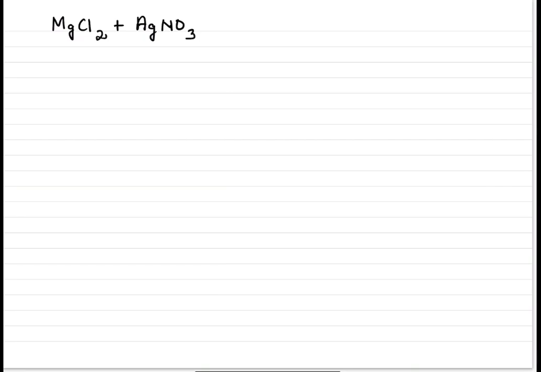So the first step that we are going to do is identify the cation and anion. When we identify the cation and anion, we'll be able to write down the product.